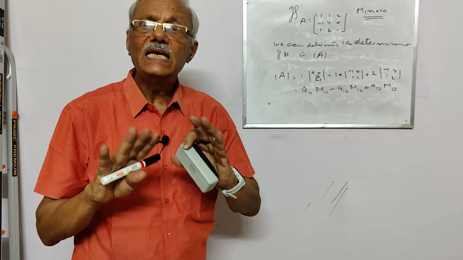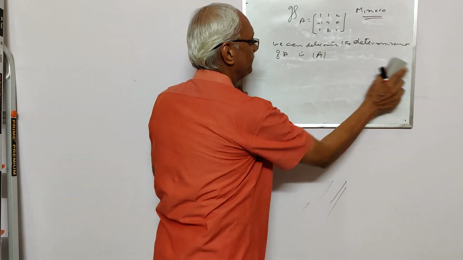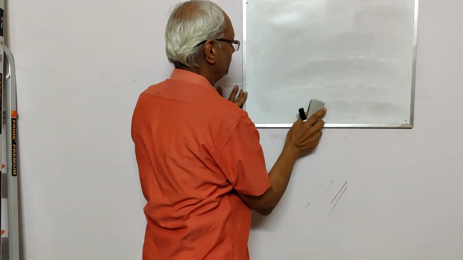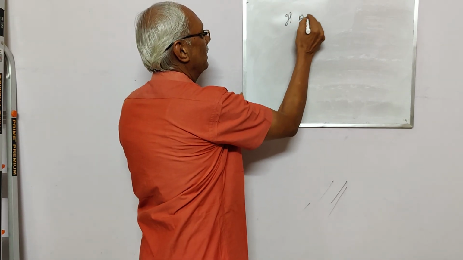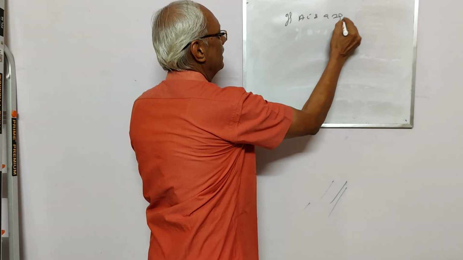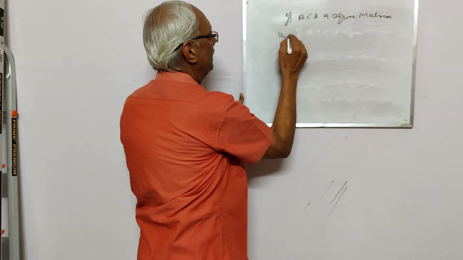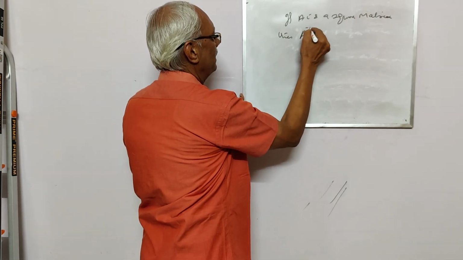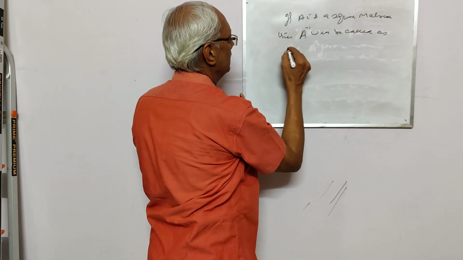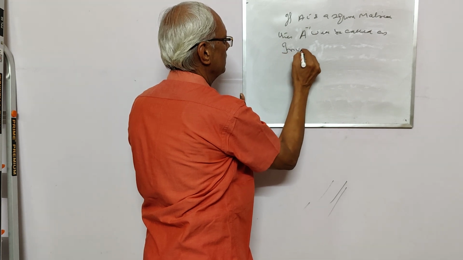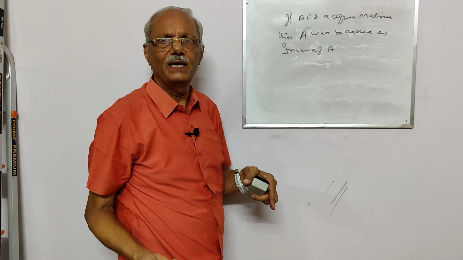How to get the inverse, that is, given A. If A is a square matrix, then A minus 1 will be called the inverse of A. This has the same idea as in numbers.